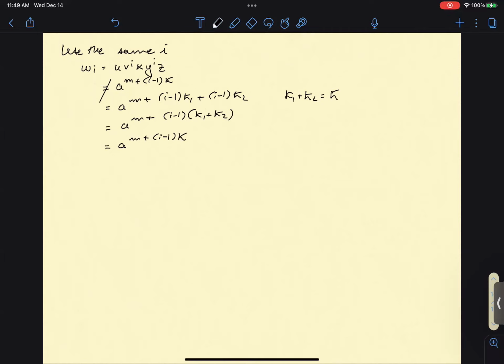And because this worked for the pumping lemma for regular languages, this will also work for the pumping lemma for context-free languages. And so this is not going to be in L. So again, I have the same contradiction using the same exact method.